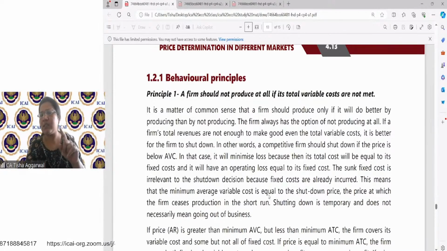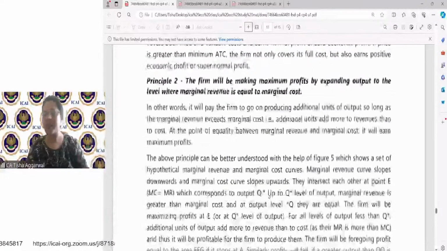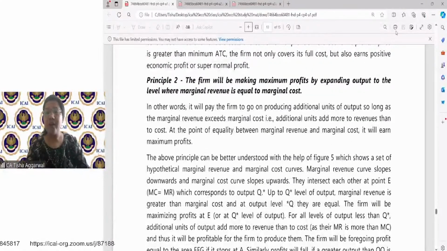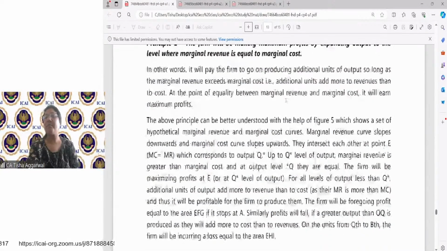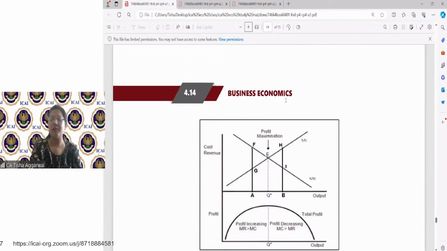The first principle says a firm should not produce at all if the TVC, that is the total variable cost, is not met. Second, the firm will be making maximum profits by expanding output to the level where MR is equal to MC. That's a simple concept, wherein your marginal revenue is going to be equivalent to marginal cost.